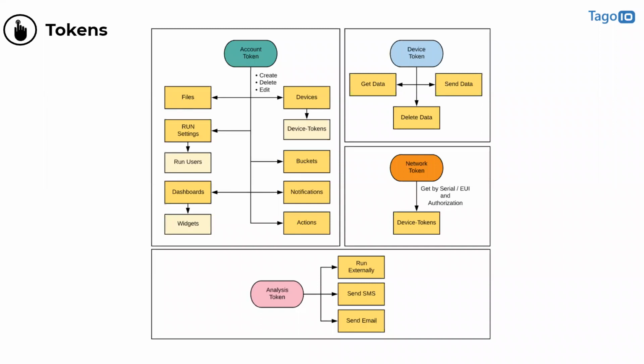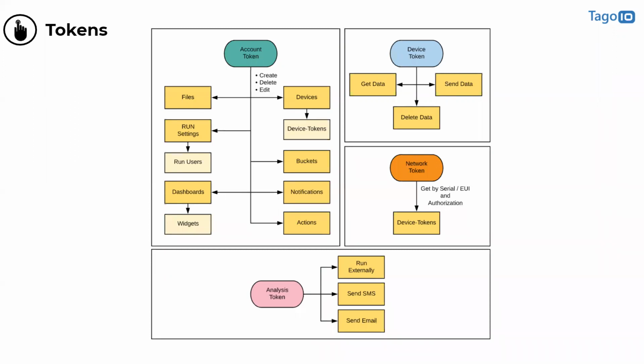Talking about the first token, we have the account token. This token, which you can find inside your profile settings inside Tago, lets you create, delete, and edit files, devices, even your run settings, or manage your run users inside your run.